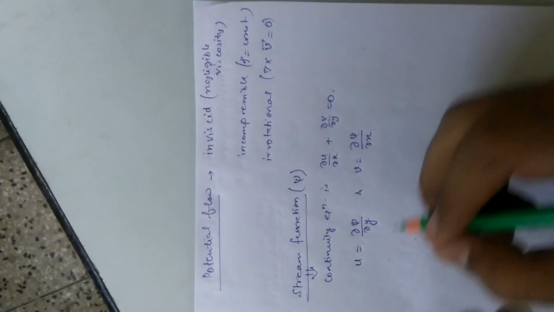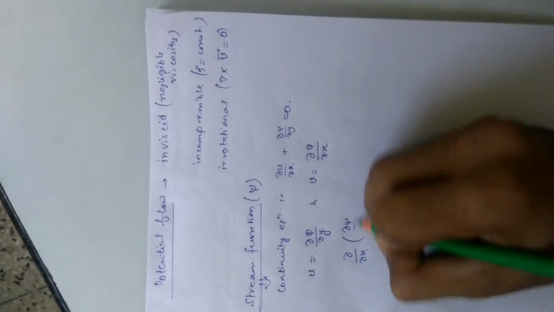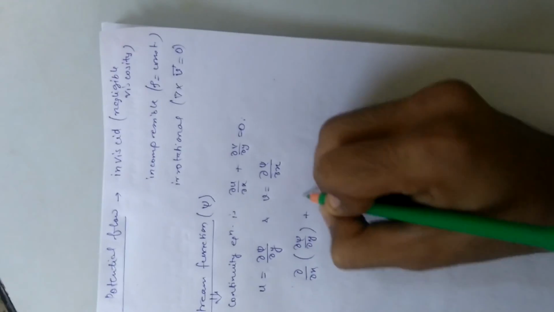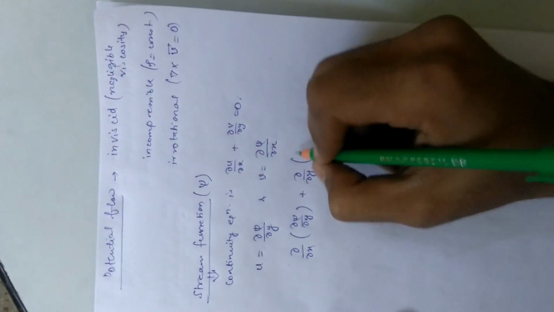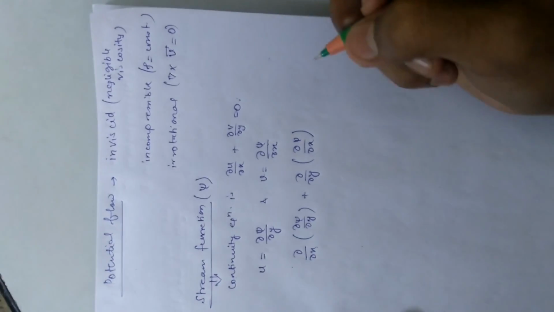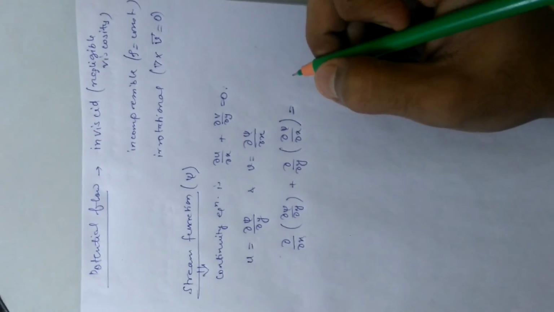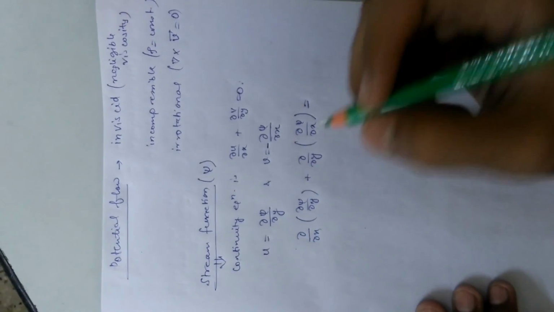Now putting this in the continuity equation, we have del x of, instead of u you are putting del psi by del y, plus del y of, instead of v we are writing minus del psi by del x. There is a minus sign over here.